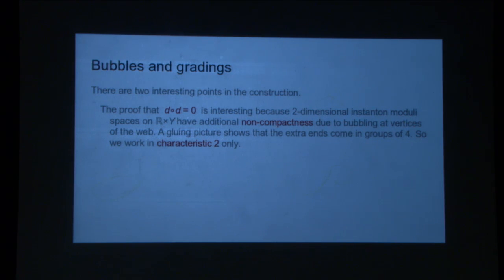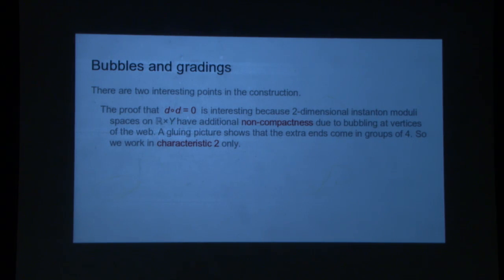In this orbifold case, there's still an Uhlenbeck type theorem, but the dimension counting which it leads to is different, because there's a type of bubbling which can happen at the vertices of the web.